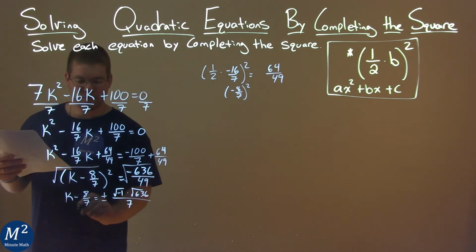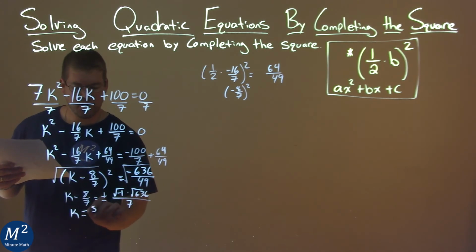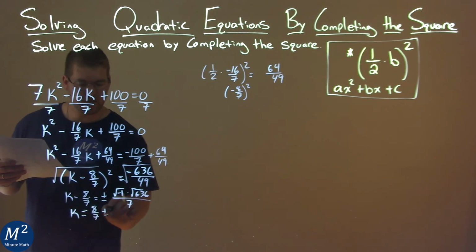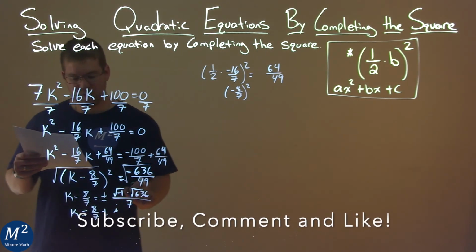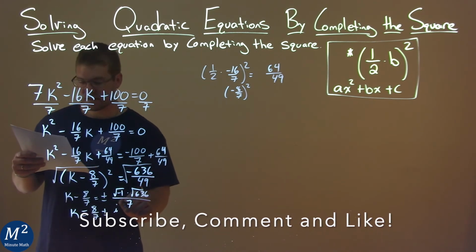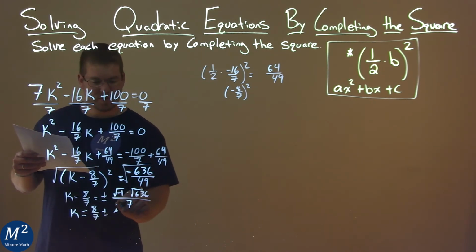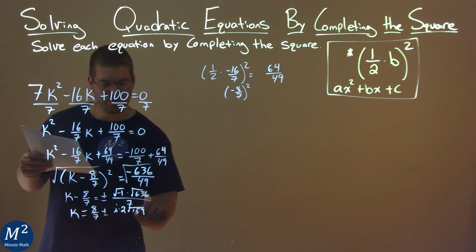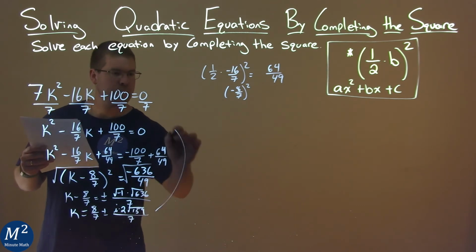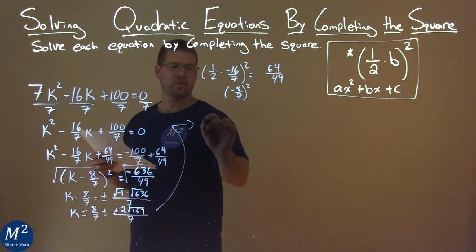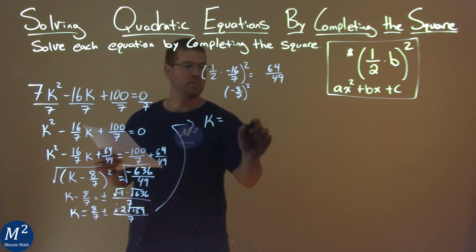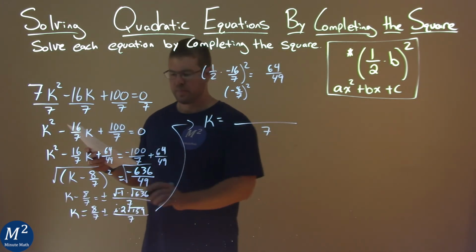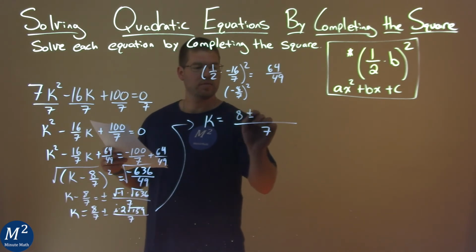We added 8/7 to both sides, so we have k equals positive 8/7 plus or minus square root of negative 1 as an i, and the square root of 636 comes out to be 2 times square root of 159, over 7. So let's make this a little neater. We have k equals, notice we have a 7 in the denominator for both parts, so we can combine it to be one fraction over 7. And we have 8 plus or minus.